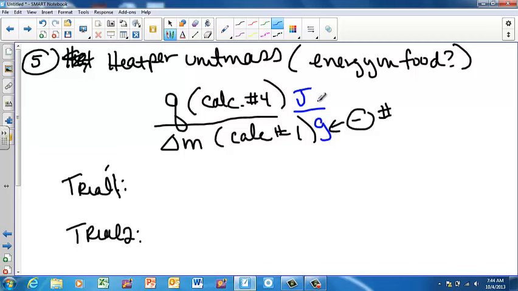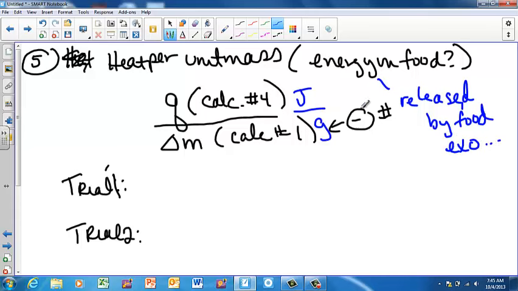Don't panic if things are negative, because when you get these answers, first of all, whatever you plug in, if you remember from before, your Q value was going to be in joules, and your mass value is grams. So your answer is going to be joules per gram. It's okay if it's negative, because if you remember, what we're trying to solve for is the energy that was released by the food.